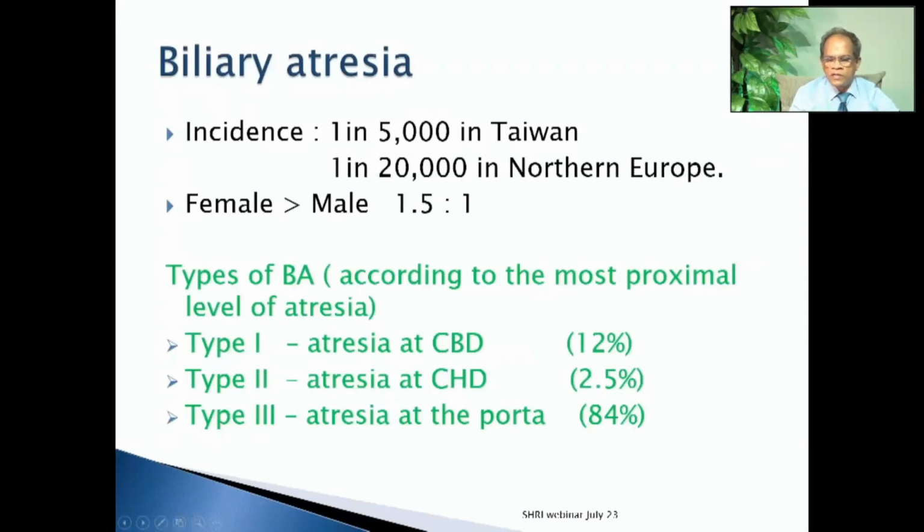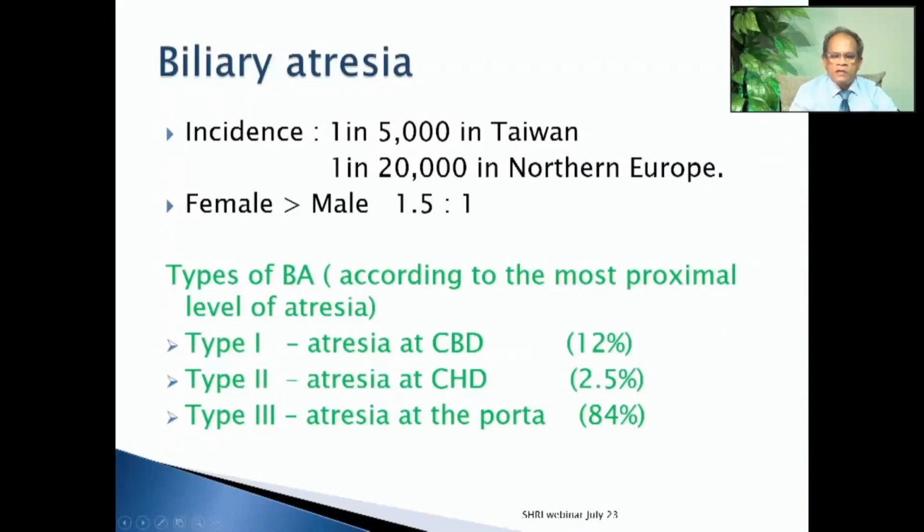We do not know exactly the incidence of biliary atresia in our country, and it is high time that we form a biliary atresia registry, so that everybody who operates on biliary atresia in Sri Lanka contributes to a single registry, and then we will be able to say how many biliary atresias we have a year.